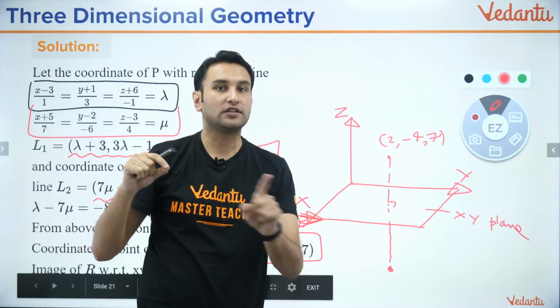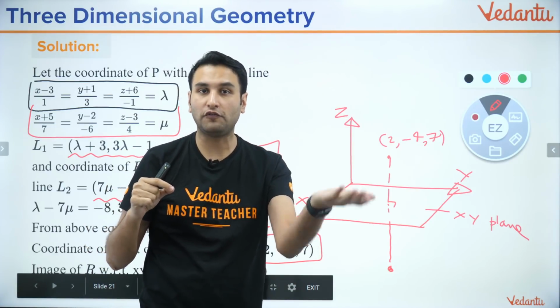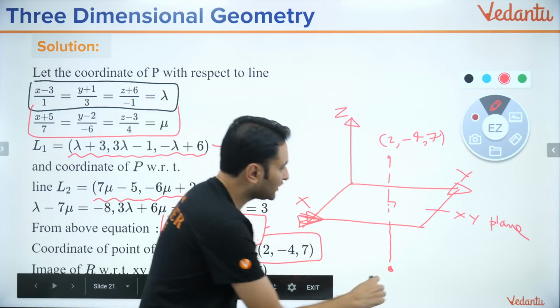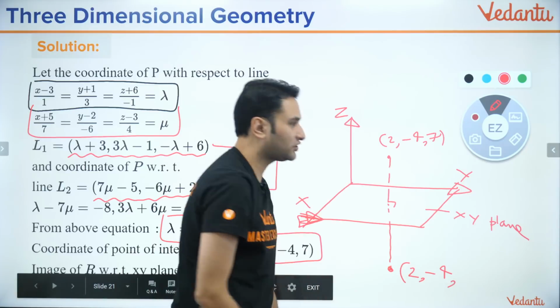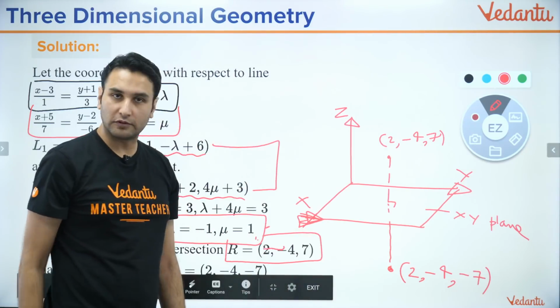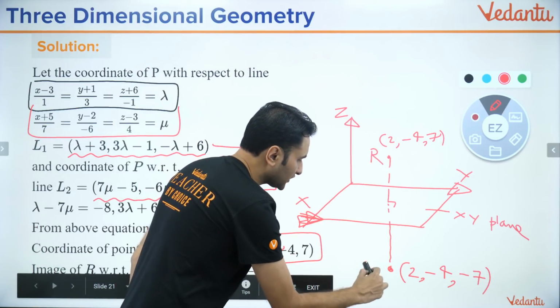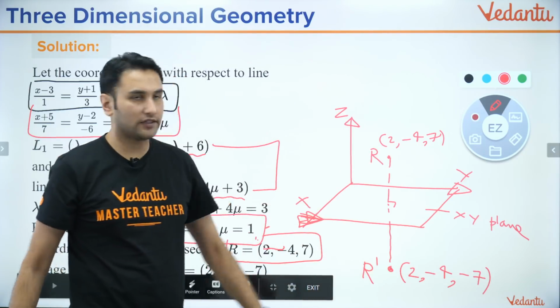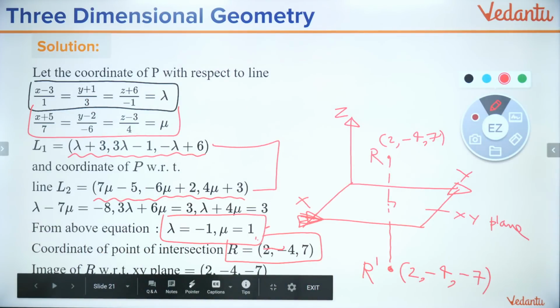X will not change, Y will not change, Z will become the negative of whatever it was. So what will the reflection be? X coordinate will not change, Y coordinate will not change, Z coordinate will become negative. Understood? So this is the reflection. So this is the point R. Its reflection is say R dash. This is your answer. 2, -4, -7. Understood? Is that clear?